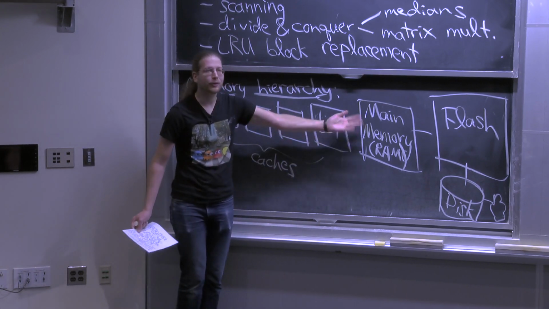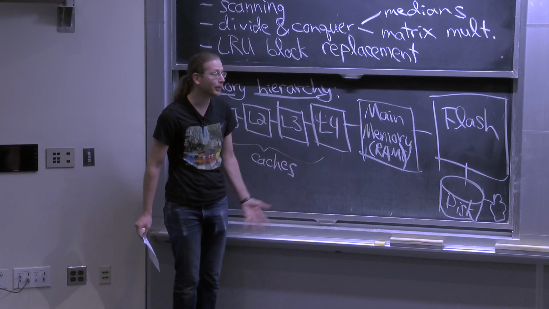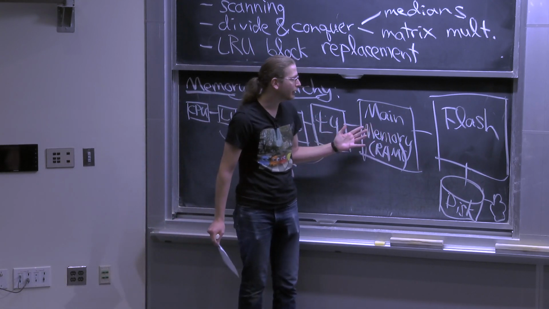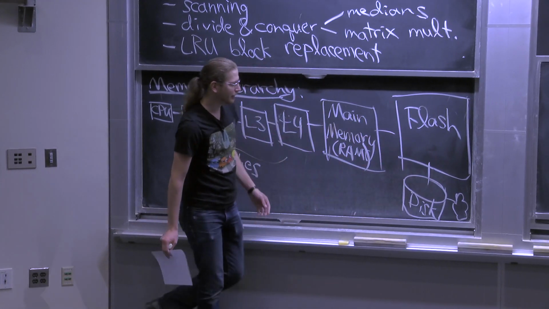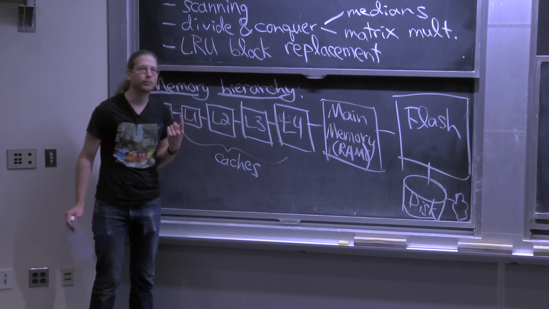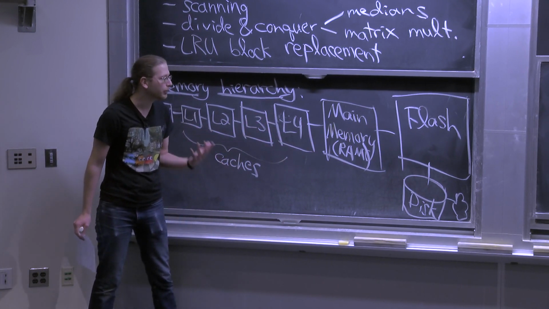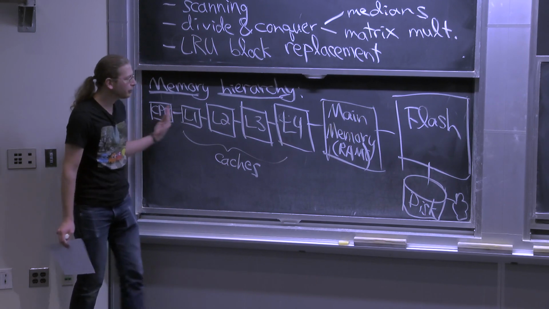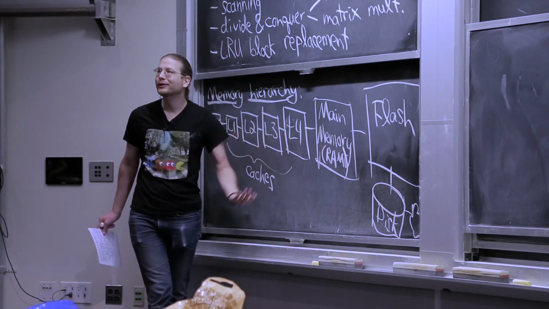Main memory, the thing you usually think about, is in the gigabytes. These days, you can buy computers with a terabyte of RAM. It's not crazy. Flash gets bigger. Disk, these days, you can buy a 4 terabyte single disk. But if you have a whole RAID of disks, you can have petabytes of data on one computer. So things are getting bigger as we go farther to the right, but they're also getting slower.